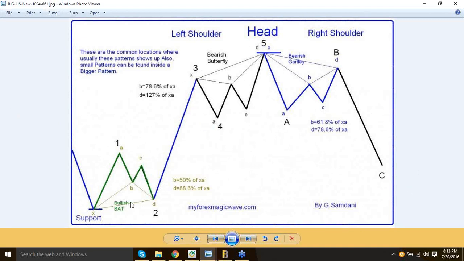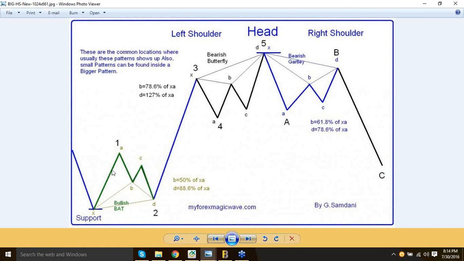Now, if you notice, I have drawn these harmonic patterns here, one is here, one is here, one is here, all 3 different patterns. The two very common patterns are bat and gartley. They are retracement patterns, and butterfly and crab are extended patterns.